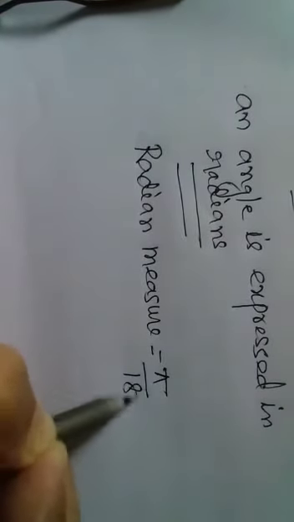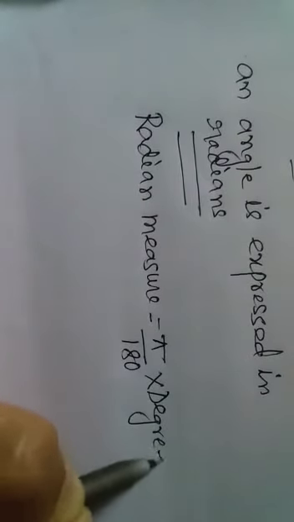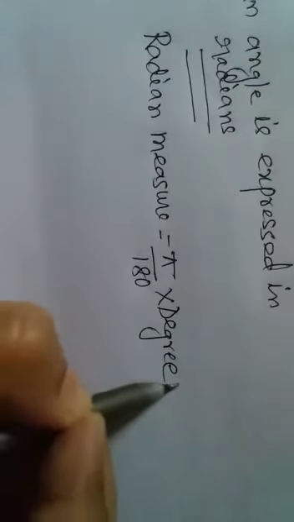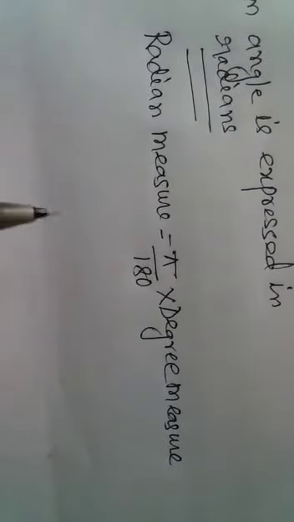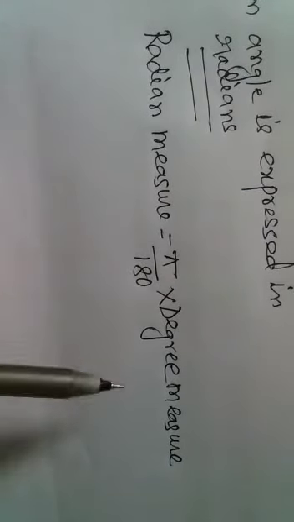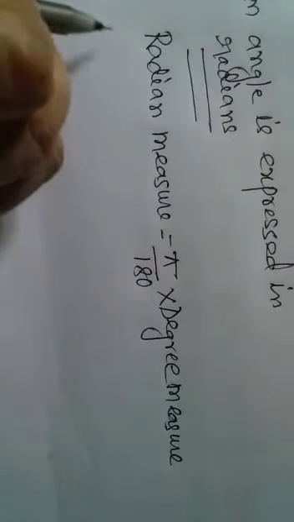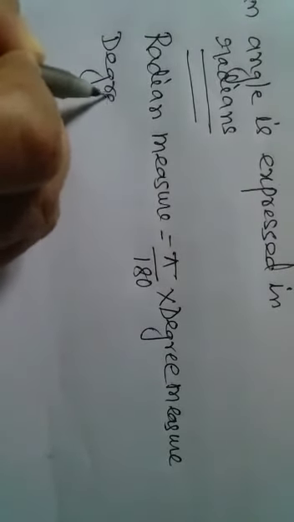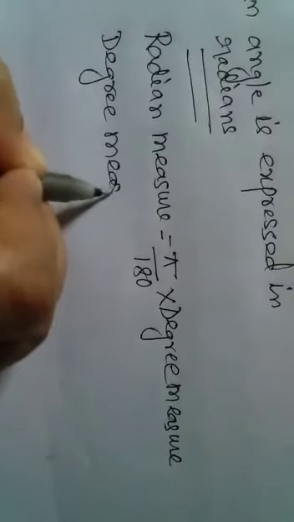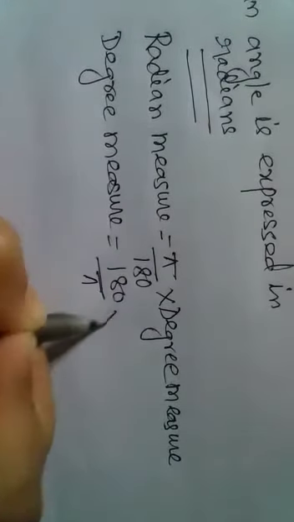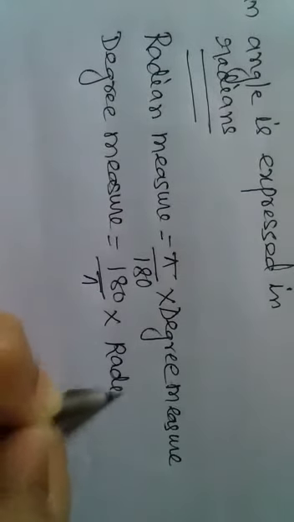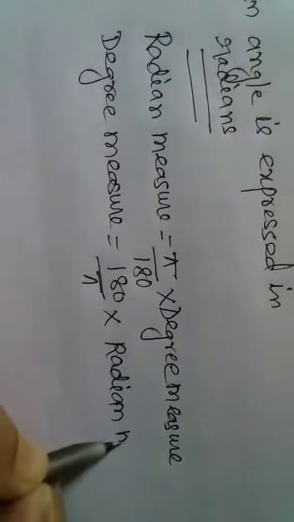Pi by 180 into degree measure. This you have to remember. And degree measure is equal to how much? 180 by pi into radian measure.